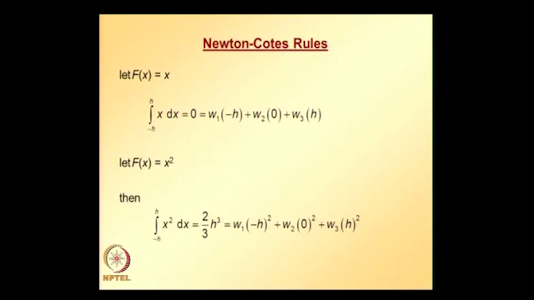While deriving these weights, we imposed the condition that the rule has to be exact up to quadratic, that is x squared. So Simpson's rule is going to be exact for a function of order 2, that is, a quadratic function.